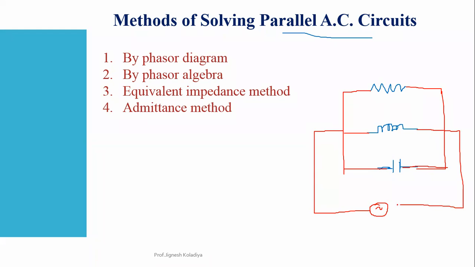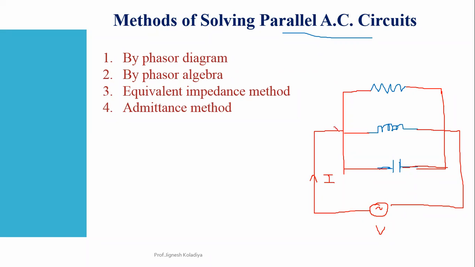We are connecting our three elements like this, resistance, inductor, and capacitor, and here I am giving the supply voltage. Due to this, current I is flowing, let us say. V is VRMS, I is IRMS.